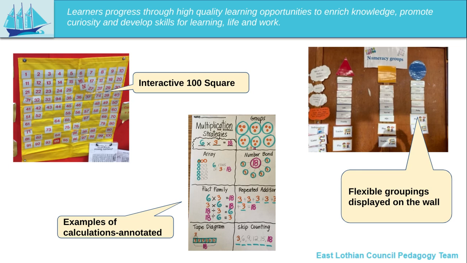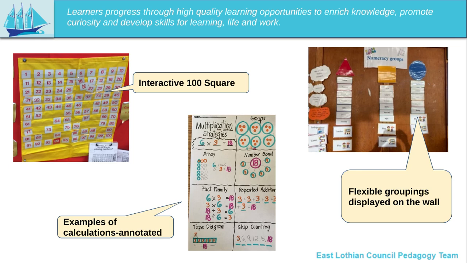When children's names are stuck on individually, it means they can be moved easily and the groupings can be flexible, but when they're typed up and displayed, then they appear to be more fixed, and we want children to know that they are not stuck within a group. We want children to know that they will have opportunities to work with peers and mixed ability groups so that they can learn from each other.